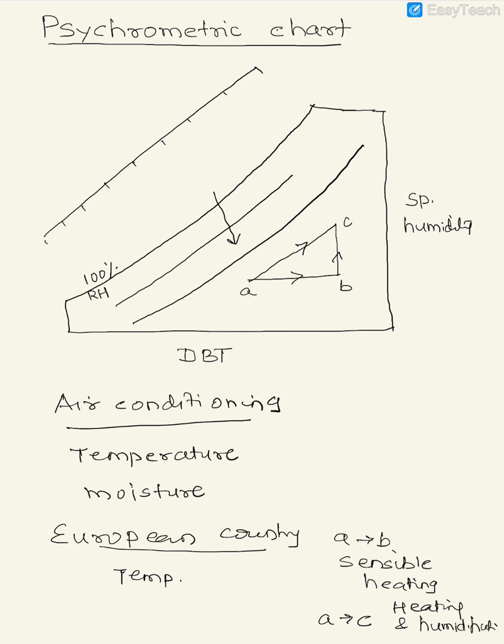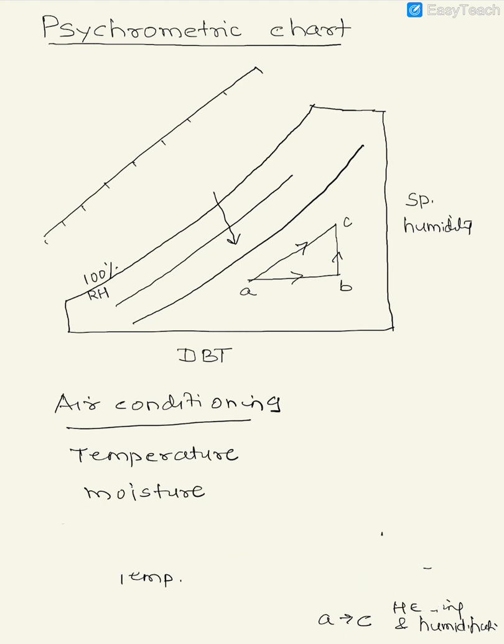Now, suppose it is a dry climate. Let us say you are talking about a place like Rajasthan, or a dry city like Malegaon in Maharashtra. There, for air conditioning, you would be interested in increasing the moisture content and decreasing the temperature.